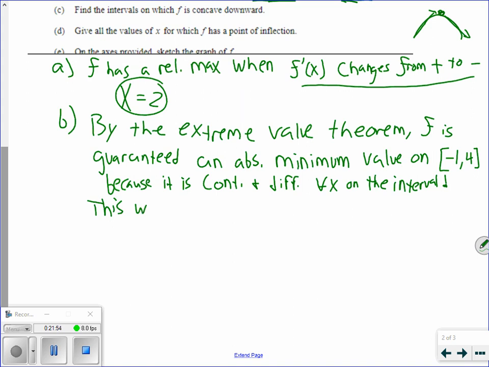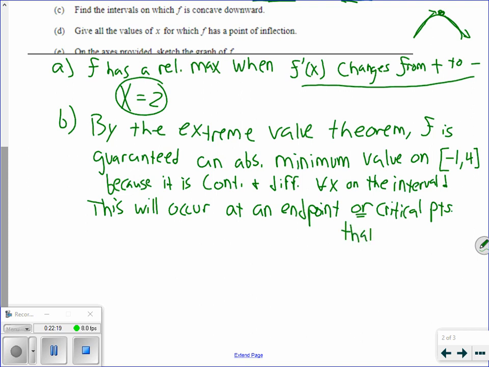This will occur, again based off of how the extreme value theorem works, at an endpoint or critical point. So we're going to look at all of them. And to be perfectly clear, a critical point that goes from negative to positive, that's the definition of a minimum.